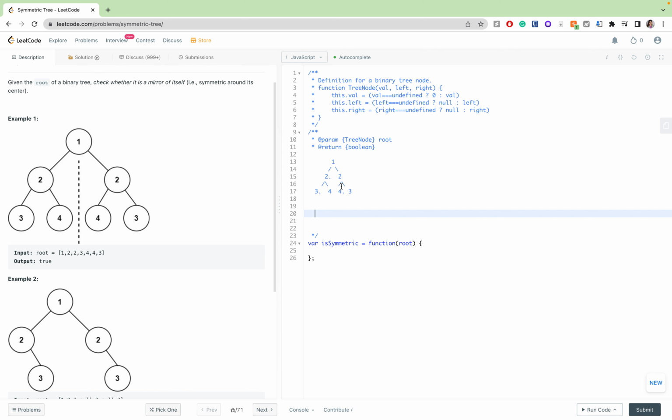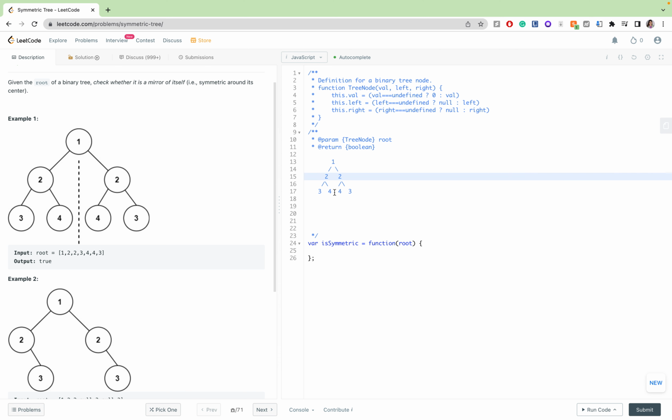Okay, so what I should do here is think of solutions. In a brute force way, first of all I look at its root, and then I'll go to its left, go to its right, and the values of its left and right should be equal.